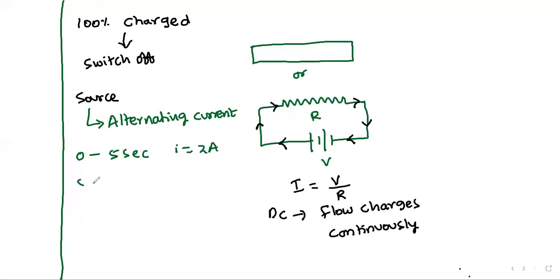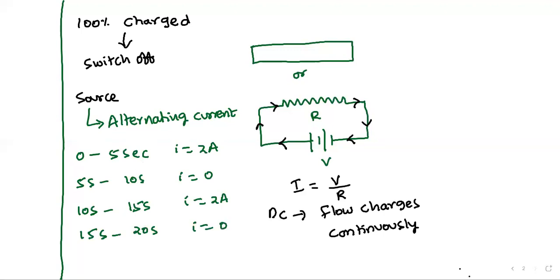From 5 seconds to 10 seconds, current will not flow. And again, from 10 seconds to 15 seconds, current will flow. So you can see that for every 5 seconds, current is changing. So I can say that current is changing periodically with respect to time.